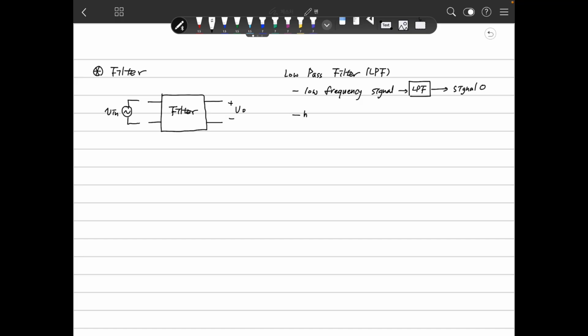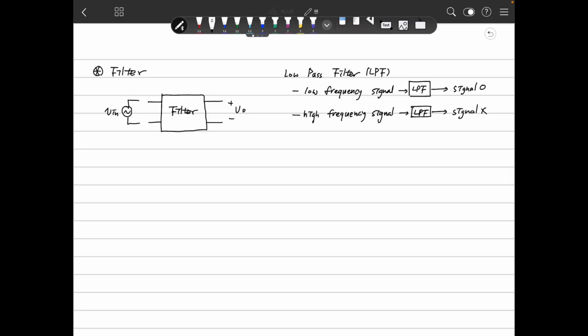But if a high frequency signal goes to this low pass filter, then there are no signals at the output. This is a kind of low pass filter.